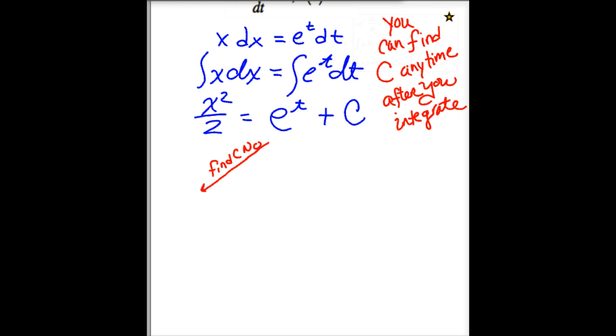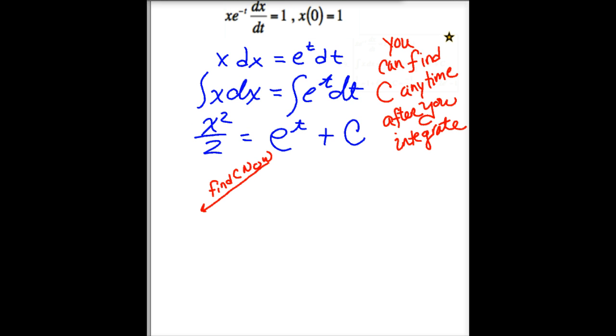If I were to find C now, what I would do is take 0, put it in for t, and take 1 and put it in for x. This is a point 0, 1, the point t, comma, x of t.